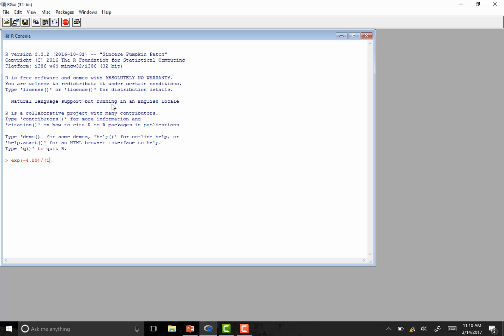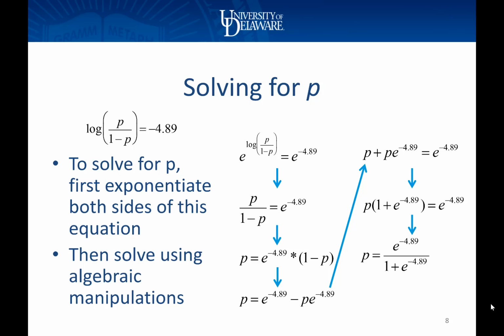So parentheses 1 plus exp negative 4.89. And when I press enter, whoops, that doesn't look good. I have two sets of parentheses in the denominator because exp is a function. My answer is 0.007465273. So let's round that to 0.0075. So 0.0075 is the answer to our problem.